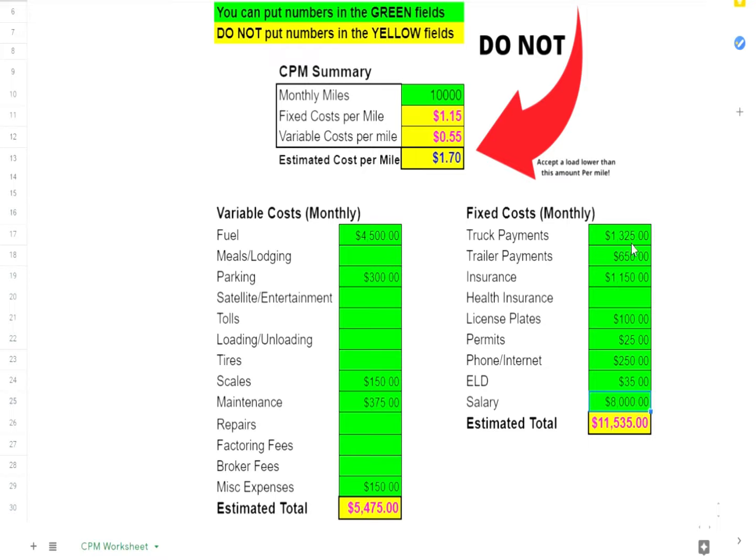The rest of this on fixed expenses is not going to really change. That is what it is. But this you can negotiate with yourself, and your wife, by the way, or your significant other. But maybe you don't need to have prime parking all the time, right? Maybe you're not going to scale as much, and do better on fuel.